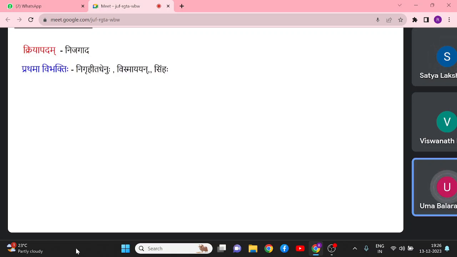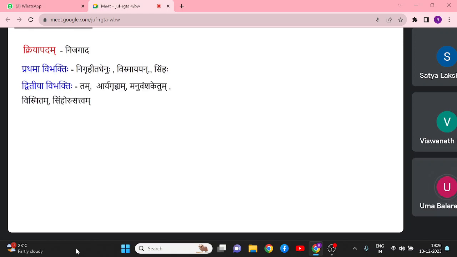Manuvamshaketum. Aryagrihyam. Correct. Manuvamshaketuhu. Correct. Simhoru Satvam. And then one more. Vismitam Dilipam. Simhoru Satvam Dilipam. Aryagrihyam Dilipam. Manushyavamshaketum Dilipam. All are about Dilipa. Tritiya?